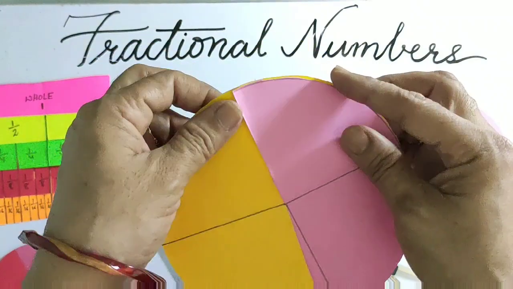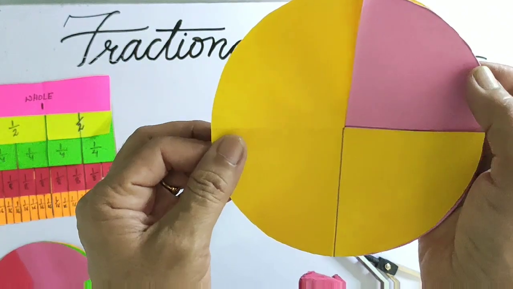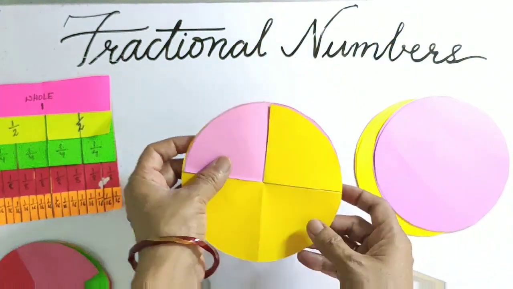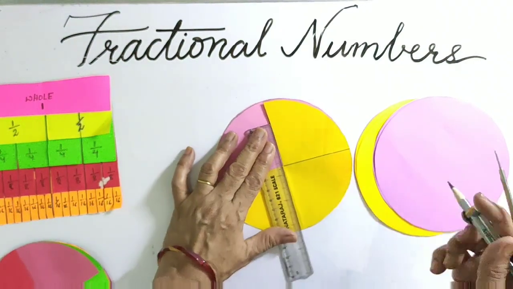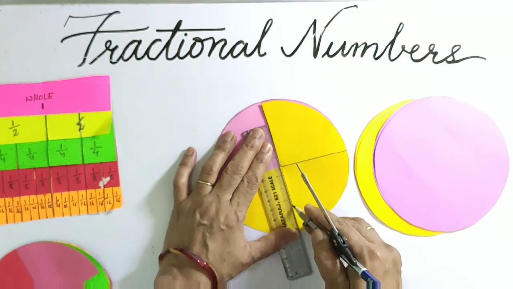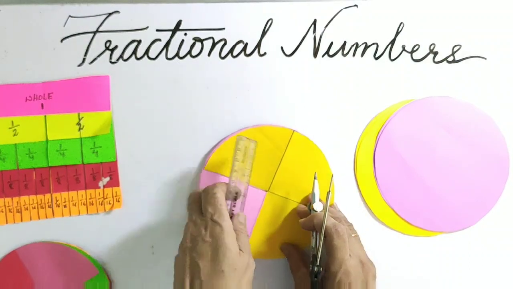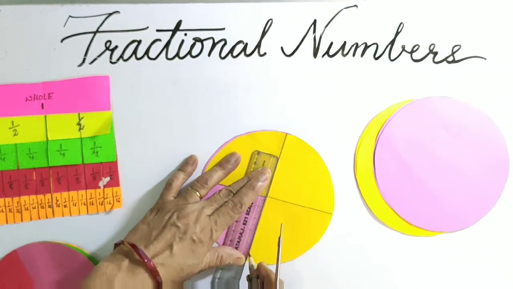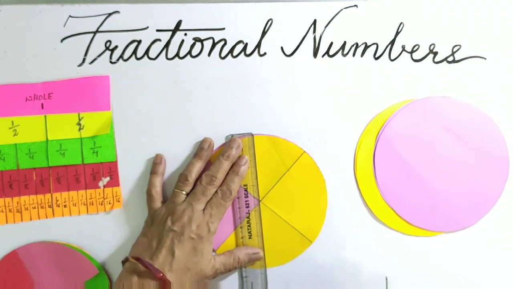If you change it, it is 1 by 4. You can divide it into 8 parts also.